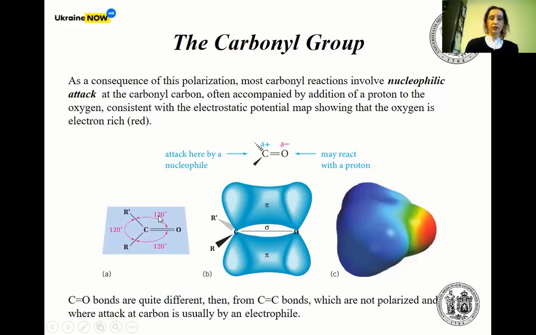You can see the valence angle is 120 degrees, and the hybridization state of carbon is sp2. The non-hybridized orbital is in a perpendicular plane and forms a pi bond with oxygen.